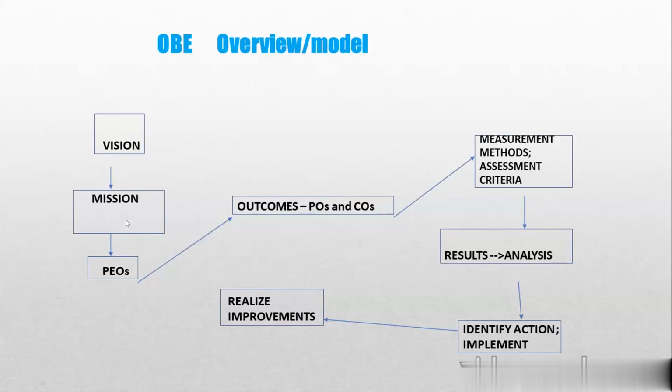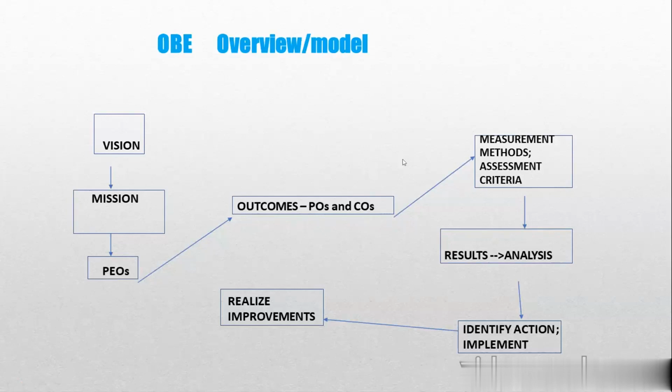The college vision should be aligned with this mission and the program educational objectives. The department has a vision, a mission, and program educational objectives, and we have already developed these for the respective departments. With these, the outcomes can be the COs and POs. CO means course outcome and PO means program outcome.